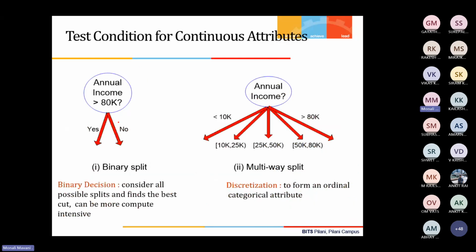And then if we have a continuous attribute, we can take a binary split or a multi-way split, but every time you have to identify the correct threshold. So we have 10K to 25K, 25K to 50K. Likewise, I can give the thresholds and create a multi-way split. So we can perform discretization.